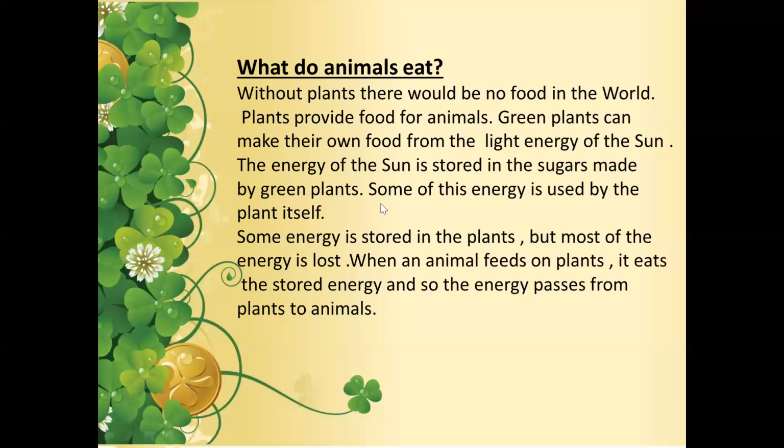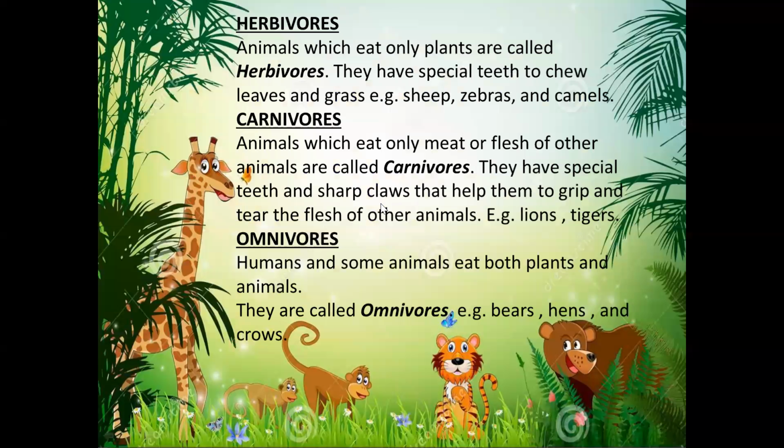So, adding to your knowledge, I am now sharing the different types of animals on the basis of the mode of nutrition. I hope every one of you is well aware of these terms. The first one is the herbivores. All those animals which eat only plants are called herbivores.